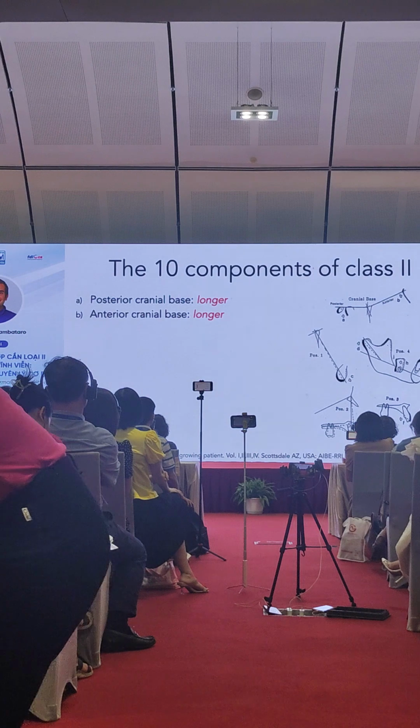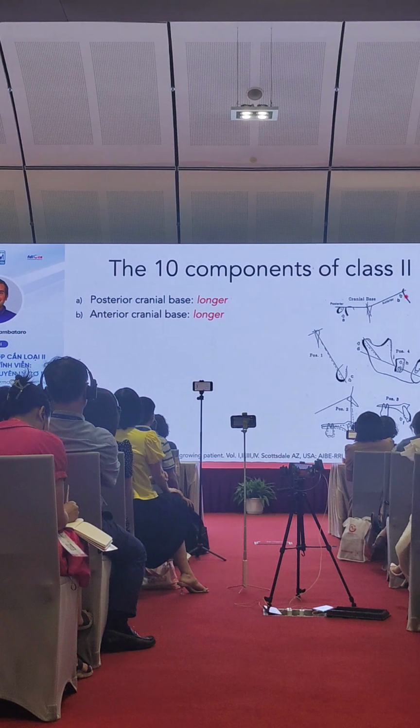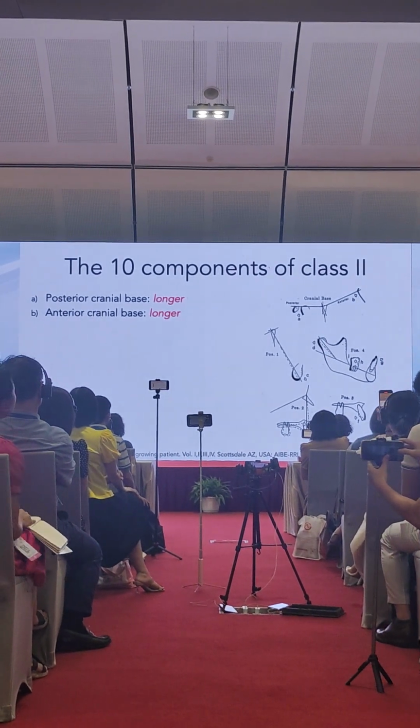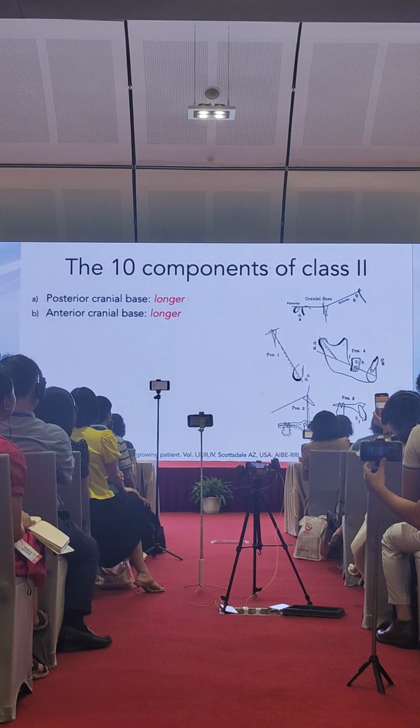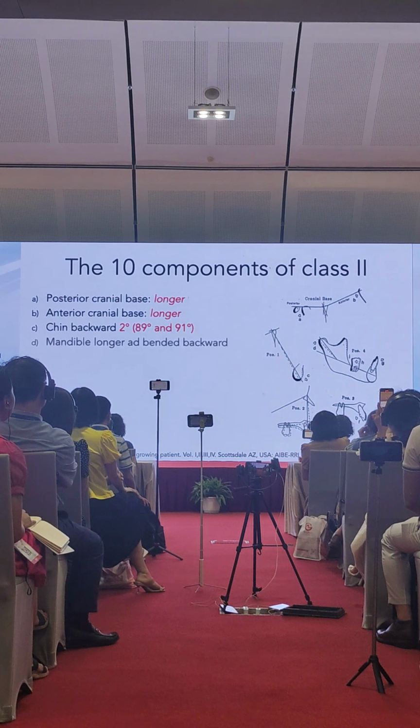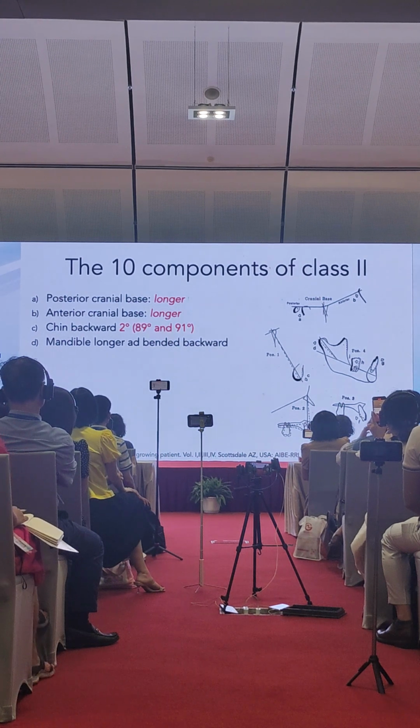The anterior cranial base is longer. So it means that the maxilla is forward and the mandible is backward. This is a component. The chin is backward in class 2, about 2 degrees, and it's incredible. My mandible is longer and bent backward in class 2.